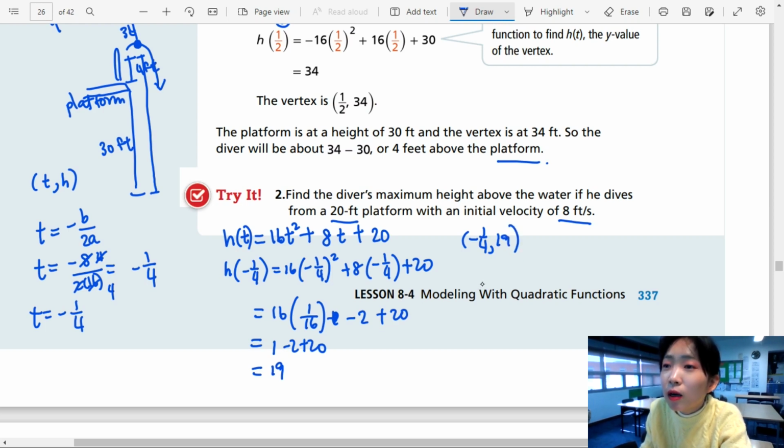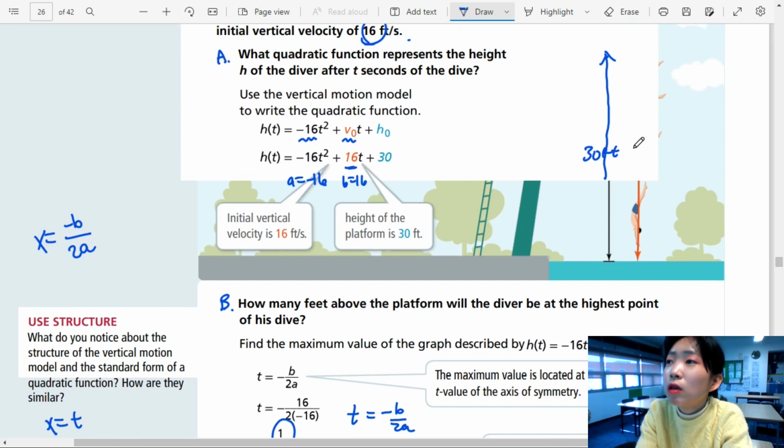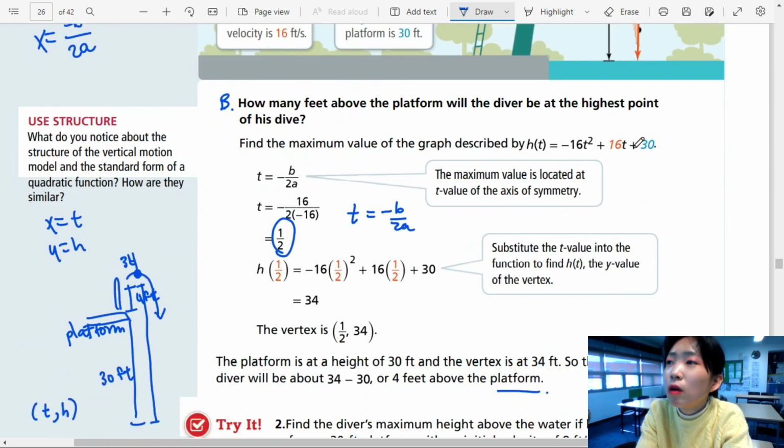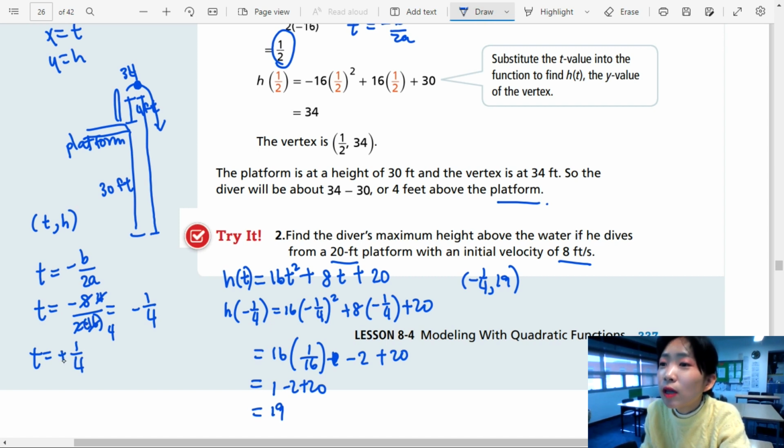Wait, your a is negative, so sorry. That makes this term negative, and so the 2 is positive.